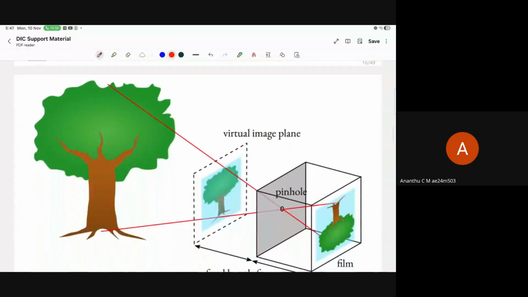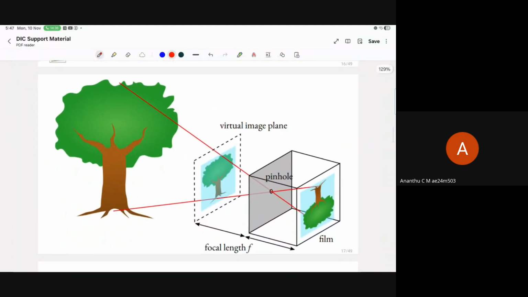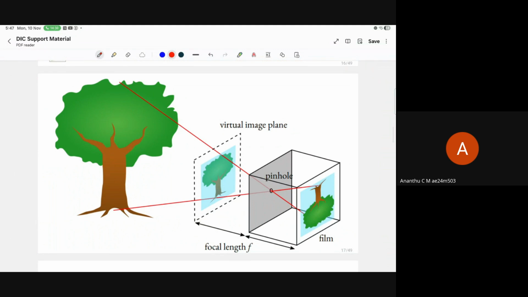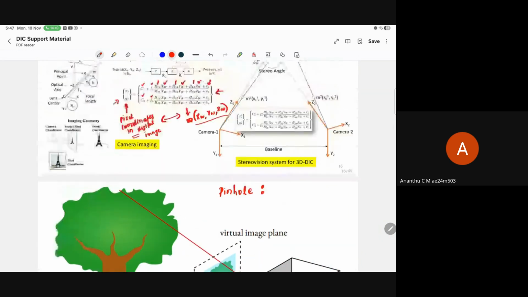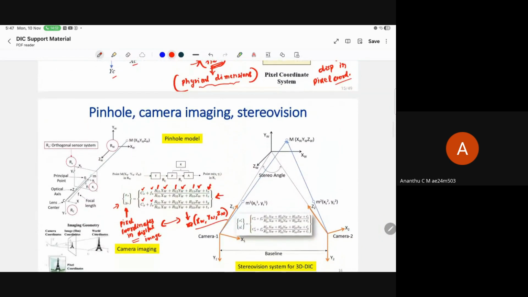Okay, so we'll start from basic terminologies. So first thing we'll try to understand is the pinhole. The equation which we are getting here is coming through the pinhole camera imaging and other things.